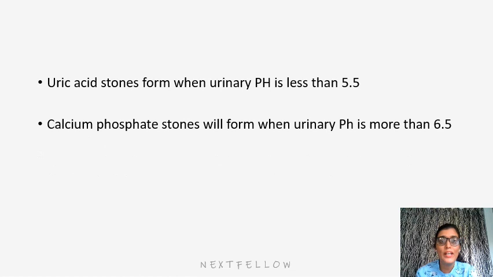So, uric acid stones will form when urinary pH is less than 5.5. That is when urinary pH is acidic. And calcium phosphate stones will form when urinary pH is more than 6.5, which means when the urine is alkaline.